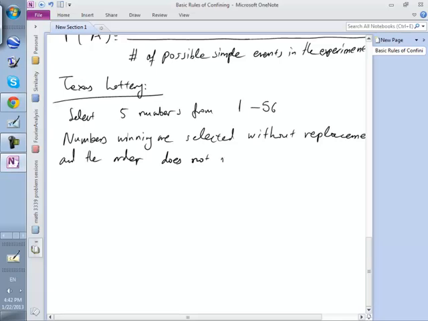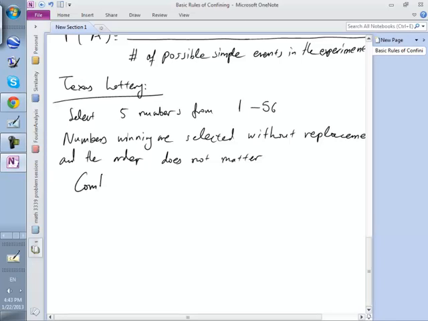So what do we have? What are these 5 numbers out of the 56? How do we call them? Those are combinations. So essentially what we do in the first part of the lottery is combinations of 5 numbers out of 56.